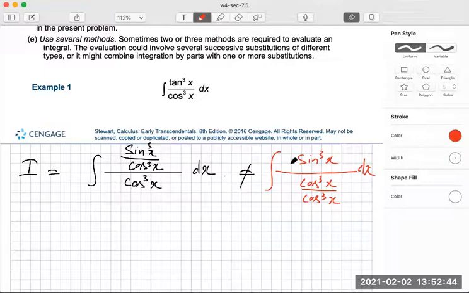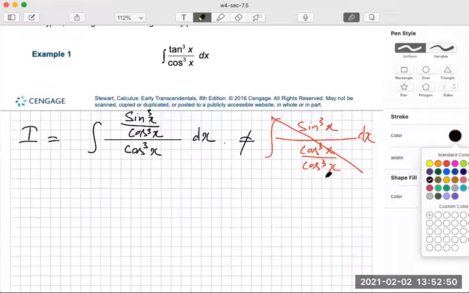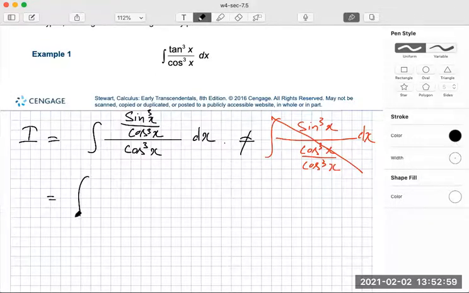But the true thing here in this problem should be, this is a fraction, right? On top, divided by the whole number here, which is the division. We can write it as a multiplication.